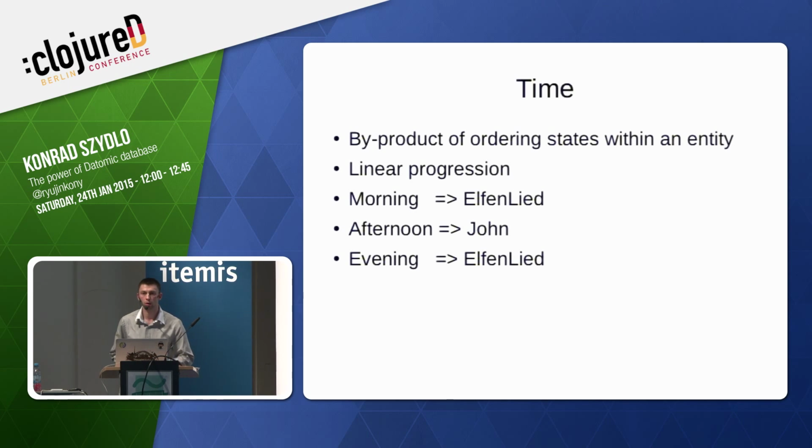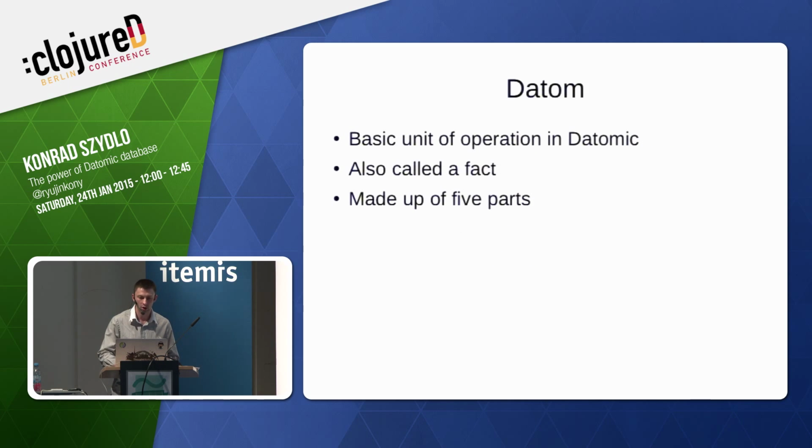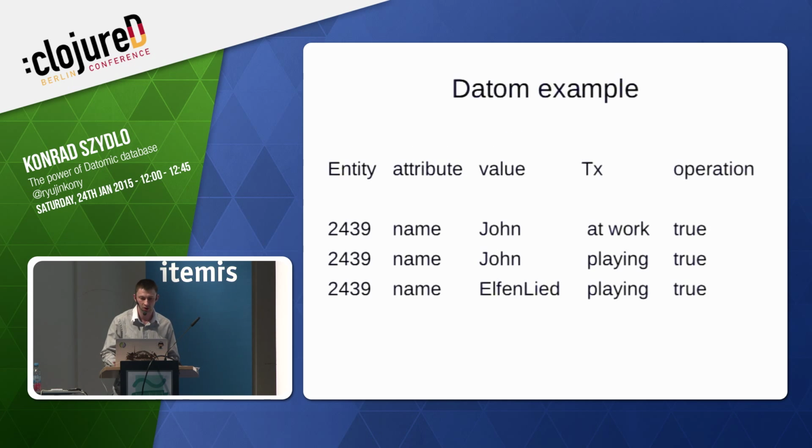Okay. All databases have some simple units of operations. In relational systems, it'd be table, relation. In Datomic, we've got datum as a basic unit of operation. It's also called a fact, and each datum is made up of 5 parts. We've got an entity, attribute, value, transaction, and operation.